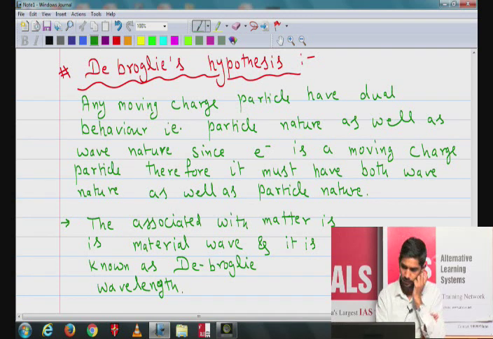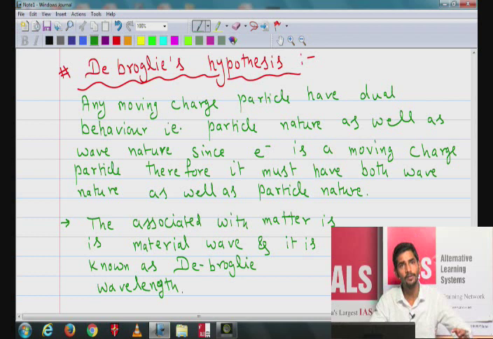Arrow point. Okay. Dear, that arrow point is simply that about that matter or the charged particle we were talking about, obviously there must be some wavelength, because that is a moving charged particle. So that wavelength is known as the de Broglie wavelength, because this concept was given by de Broglie.